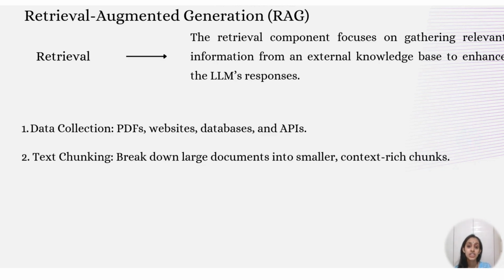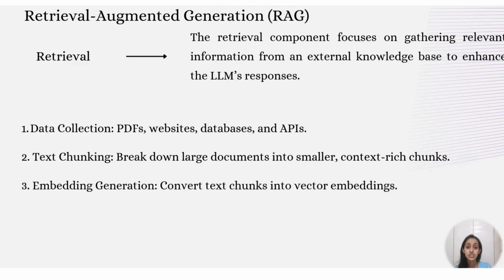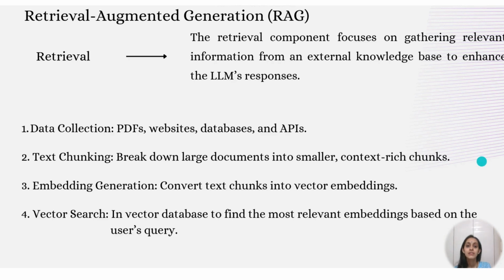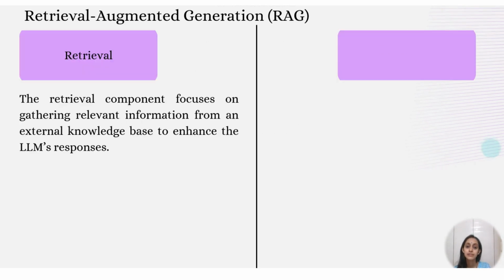Then we chunk this data. For example, if we have a 100-page PDF, we chunk it page wise, like page 1, page 2 up to n number of pages, and then convert these chunks into their equivalent vector embeddings. Further, these embeddings are stored in vector databases and used by the generation part.